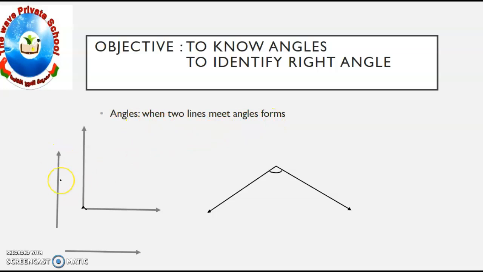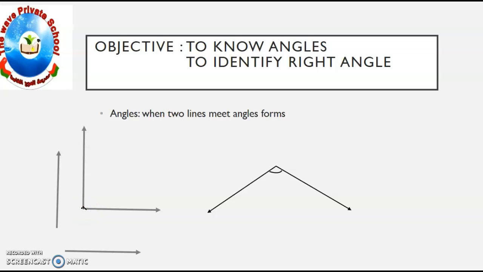How to show angles. First of all, see this line and see this line. This arrow represents that the line starts from this side and this is the end part of a line. Here also, this is the starting point of a line and here is the end point of the line. An angle forms when one end part of the first line and the end part of the second line meet at a certain point.